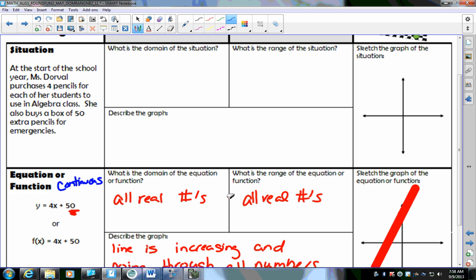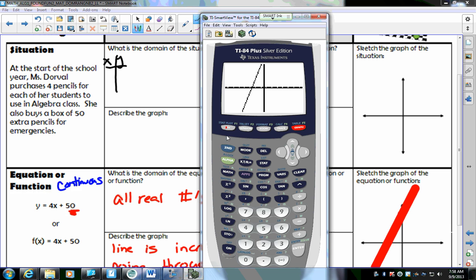And for my domain, if I have it in the calculator, let me just write a little X and Y. If I talk about pencils, can I have negative numbers in my X column? Why not? Yeah, you can't buy negative pencils. So I have to start with what number? 0.